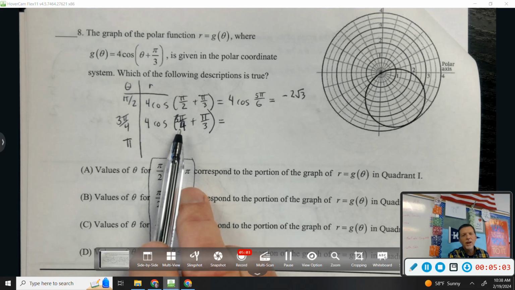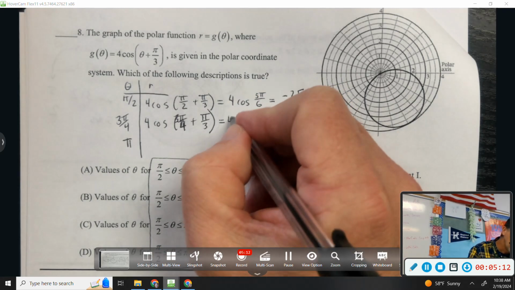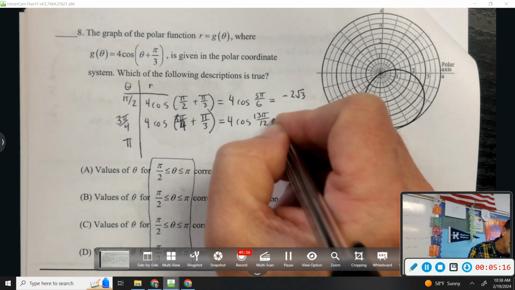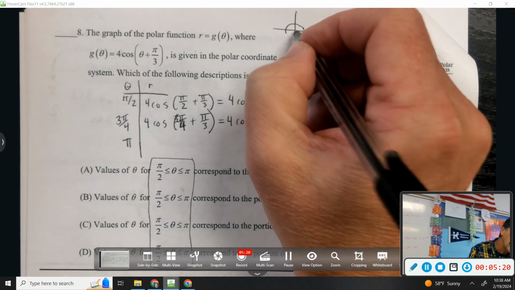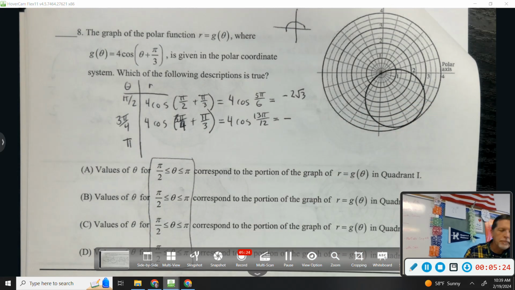Is that going to work out? 9/12 plus 4/12 is 13/12. I don't really like that, but I know that 13/12 is a little bit past pi, so that's definitely negative.